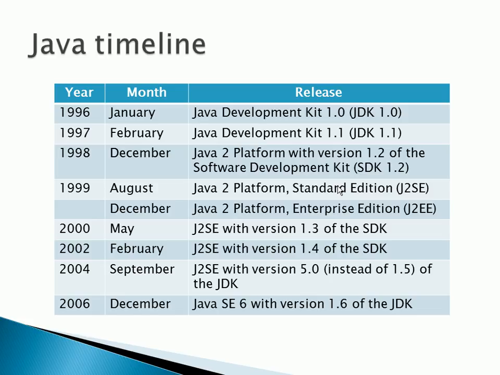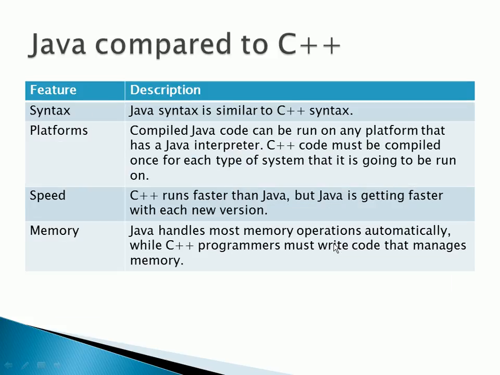We're right now on Standard Edition version 6, which was released in December of 2006. It's been 4 years, and we're now on revision 20. So from the December 2006 edition we have 20 revisions, and that's the one we're going to be installing in this class.